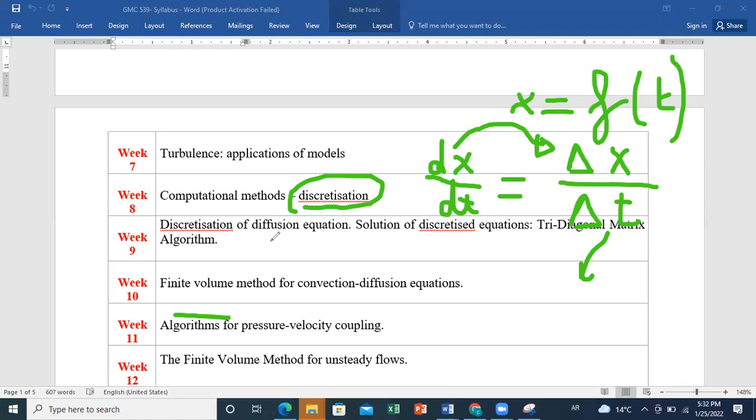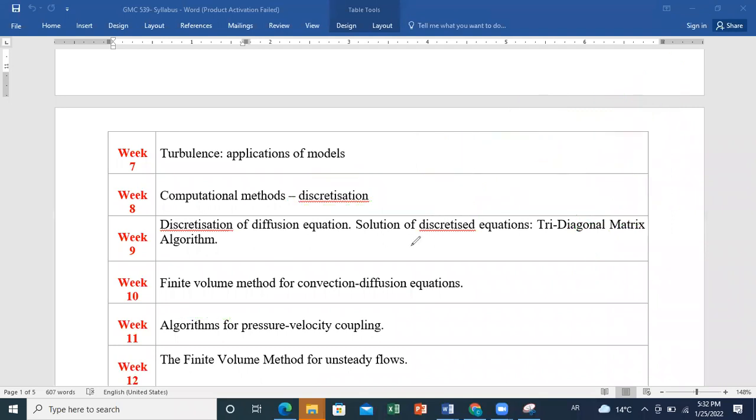Now we'll apply a discretization technique on the diffusion equation, and we will learn techniques that can be used to facilitate the solution of discretized algebraic relations. So one of them is the tri-diagonal matrix algorithm, which is an algorithm widely used in numerical techniques. We'll also introduce, as we said, several methods to solve numerically.